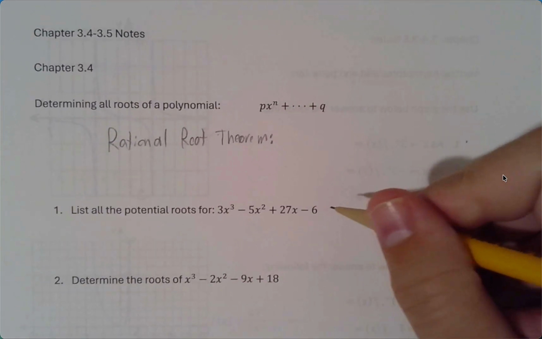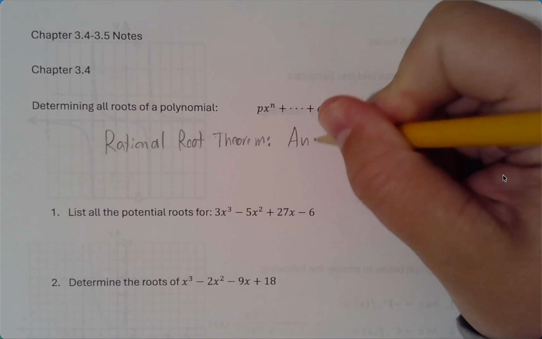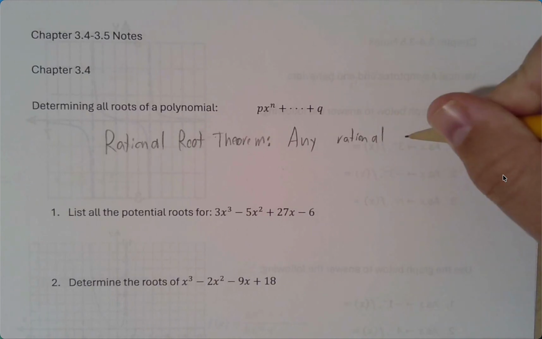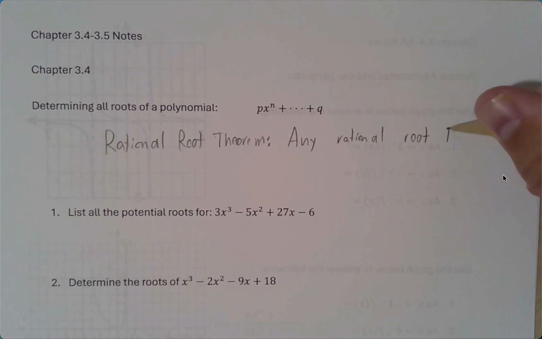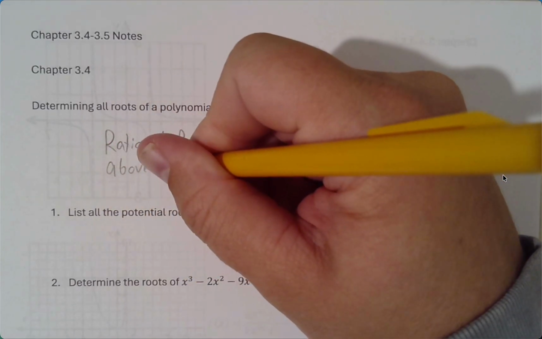And here's the idea, and it is simply that any rational root to the, I'm going to say above polynomial, and we'll discuss what's going on there.